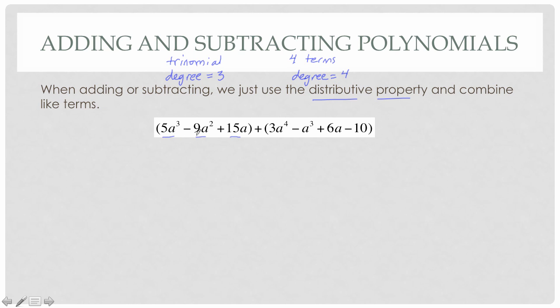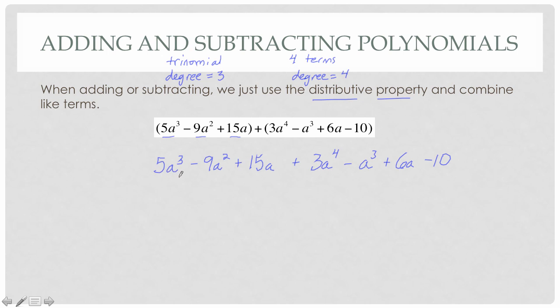So here I have 5a cubed minus 9a squared plus 15a, and I'm adding to that 3a to the 4th minus a to the 3rd plus 6a minus 10. Well, because it's addition, I can rewrite it all without any parentheses. Pretty nice, huh? Everything is now opened up, and now let's combine like terms.